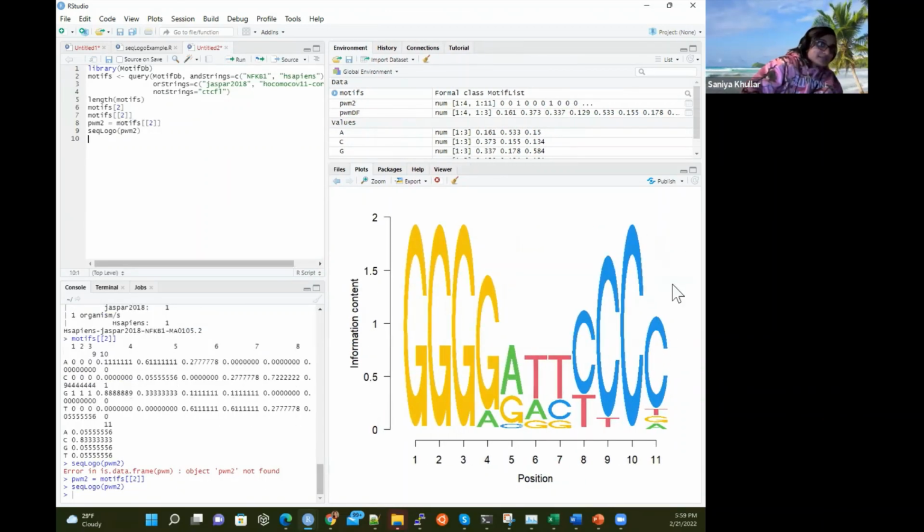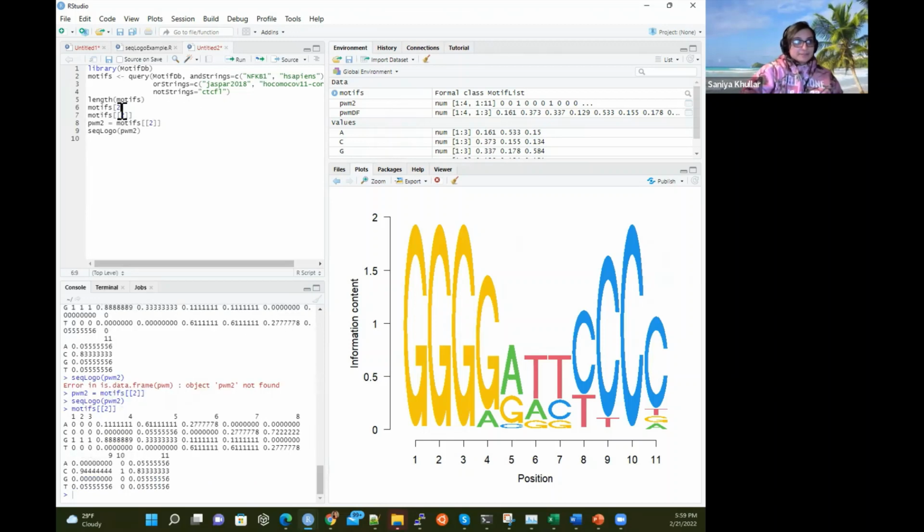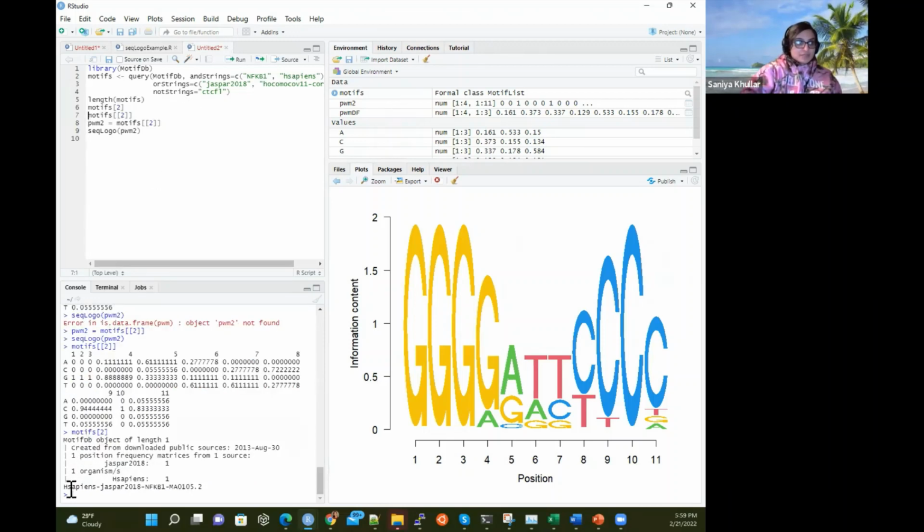We can see that this is the information content for one of the motifs. The motif here that it's binding to is this Homo sapiens Jaspar NFKB1 MA0105.2. This is the sequence logo for NFKB1, the second motif that was found by this Jaspar database.